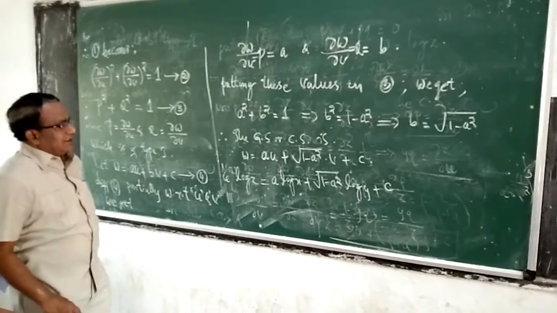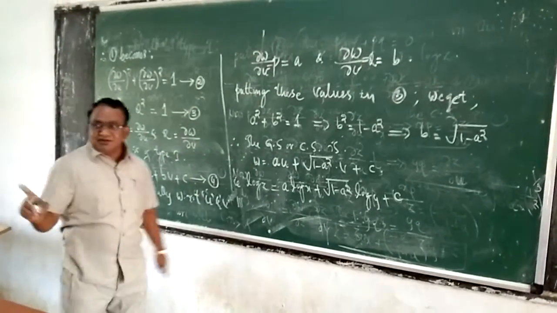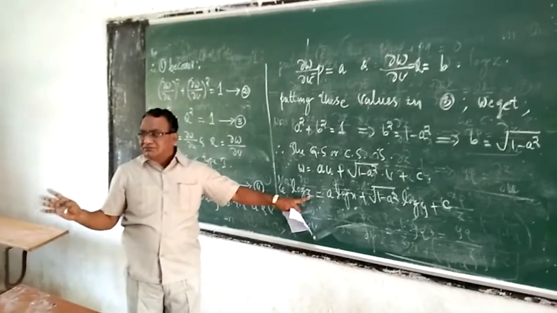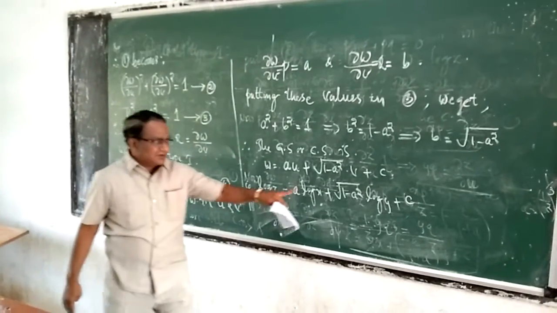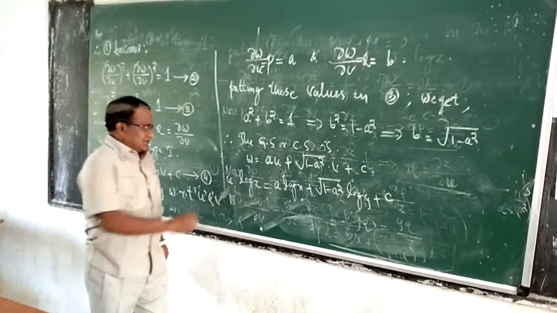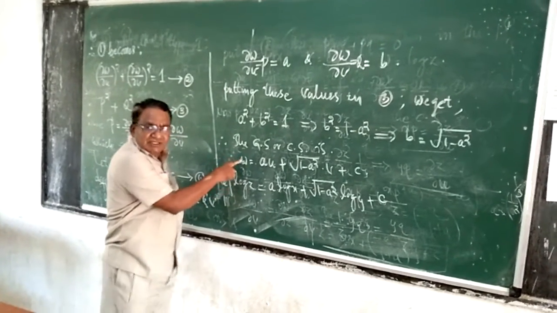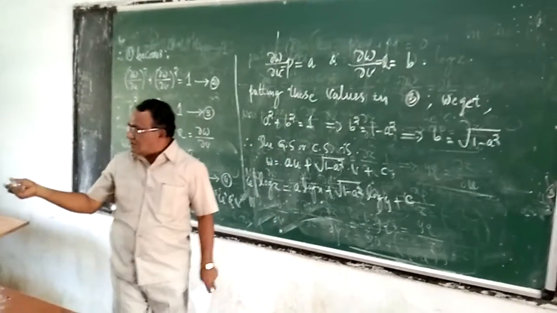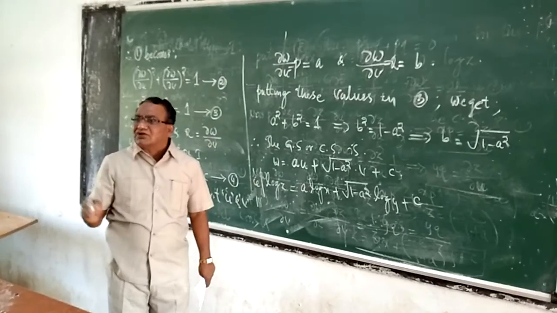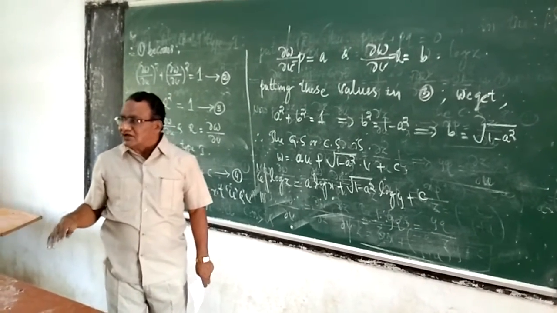And remember, always the solution must be in terms of x, y and z. Okay, you should not put in terms of u and v. After all, they are the substitutions. u is equal to log x, v is equal to log y, w is equal to log z.